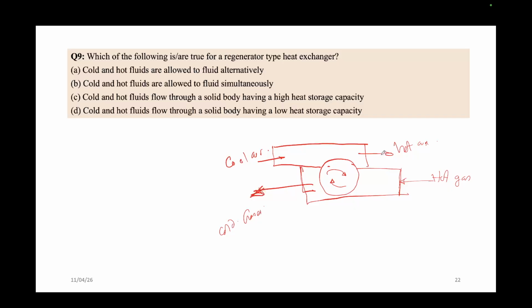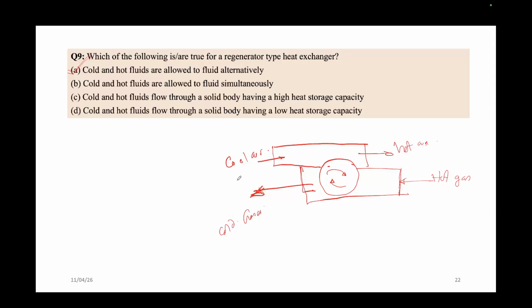Which one? So you are saying option A is true. Yes, good. Option B, why? No, the fluid cannot be allowed to flow simultaneously. It will be at a later time, so there will be a temperature gap.